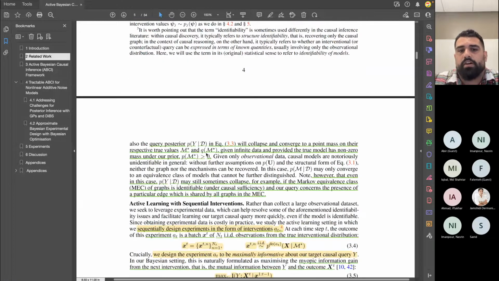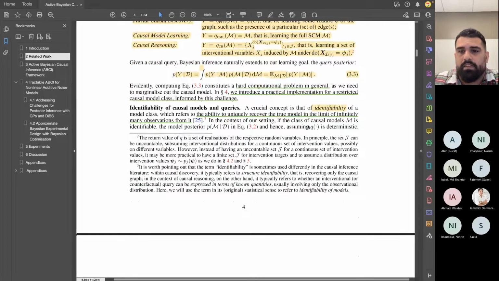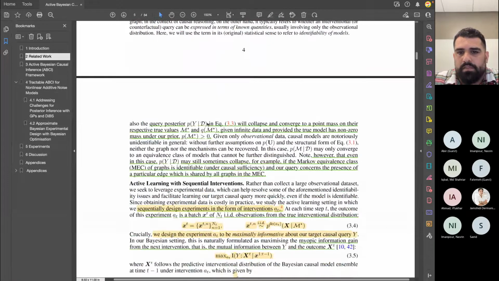They additionally mention that if we can solve the identifiability problem, then the posterior, which has this formula, will collapse and converge to a point mass on their respective true values of m star, which is the true causal model, and q m star, which is the query based on the true causal model.